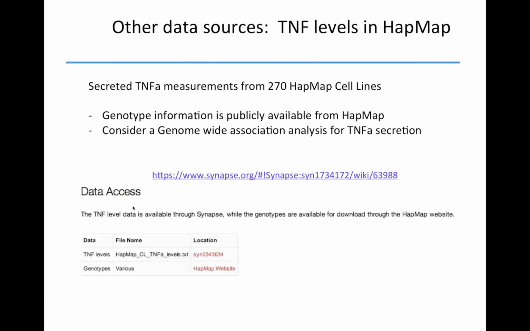So I think this is a data set that, even though it's been out there for a while, has not been used at all, and potentially could be quite valuable. Yeah. Next slide, please.